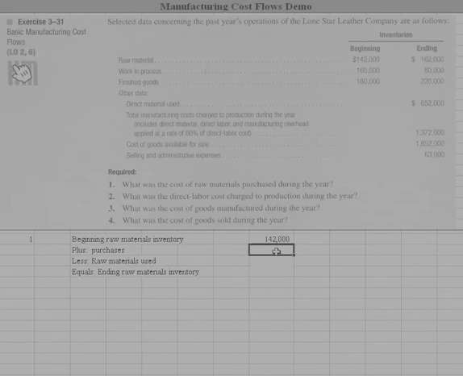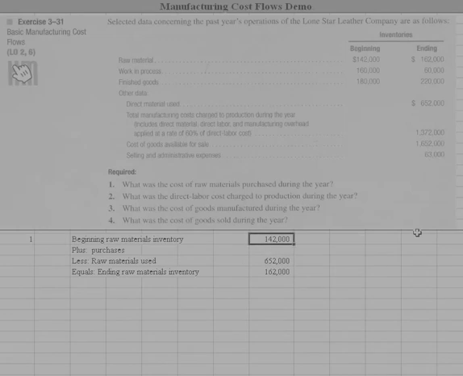The purchases we don't know. The raw material used is the 652. Direct material used. I'm using the terms raw material and direct materials interchangeably. So we'll put 652,000 in there. And the ending inventory is 162.